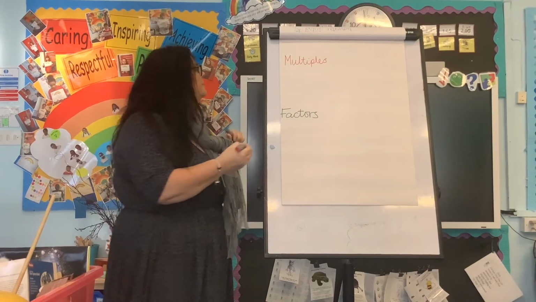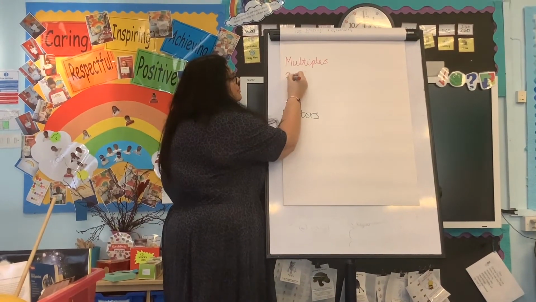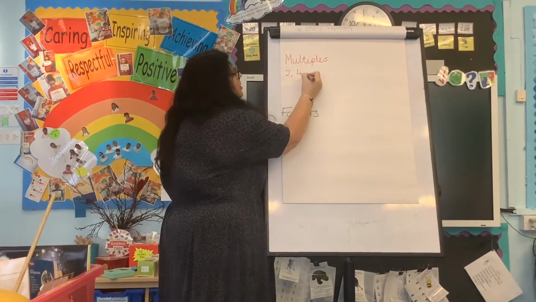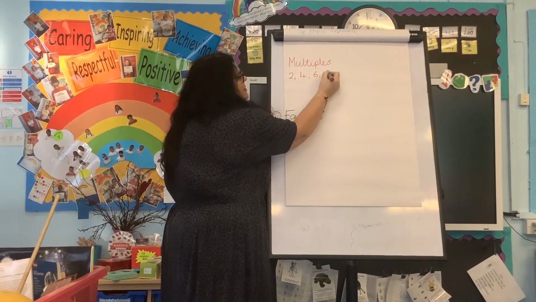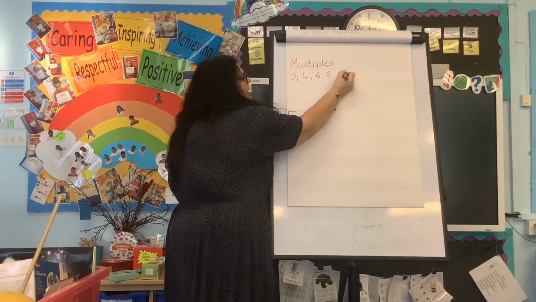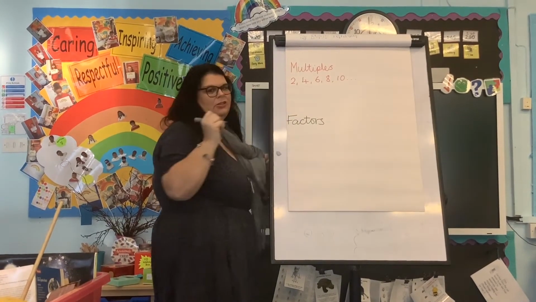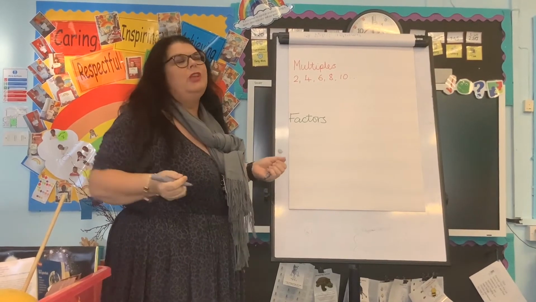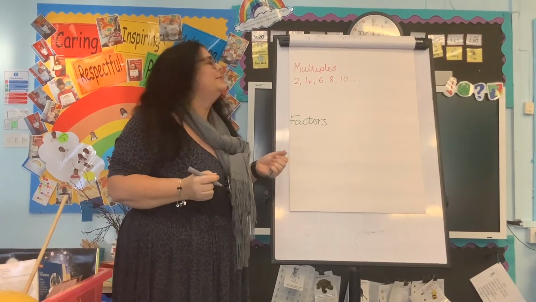So multiples of 2 are the numbers that you see in the 2 times table. So 2, 4, 6, 8, 10, etc. They are multiples of 2. And you'll know that there's patterns.